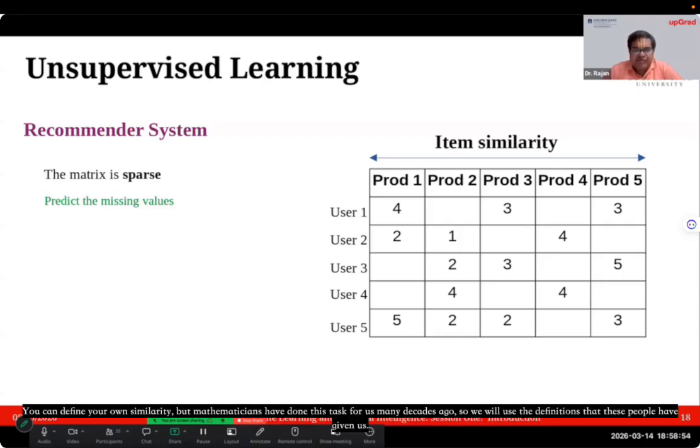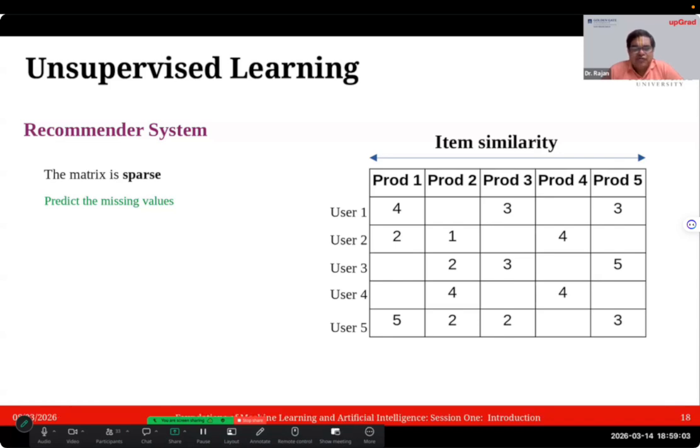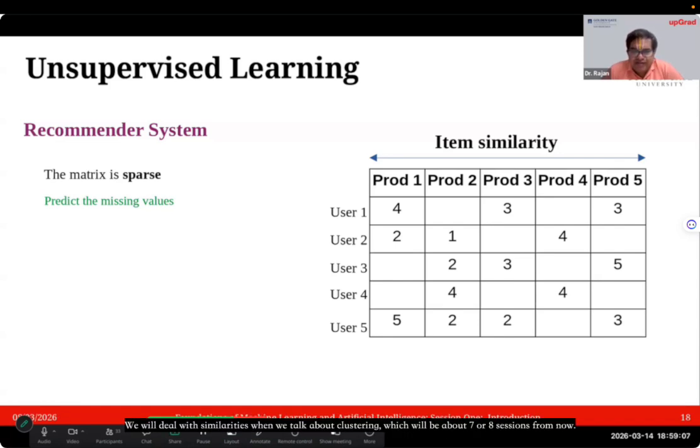But mathematicians have done this task for us many decades ago, so we will use the definitions that these people have given us. We will deal with similarities when we talk about clustering, which will be about 7 or 8 sessions from now. But there are well-defined ways to define similarity.